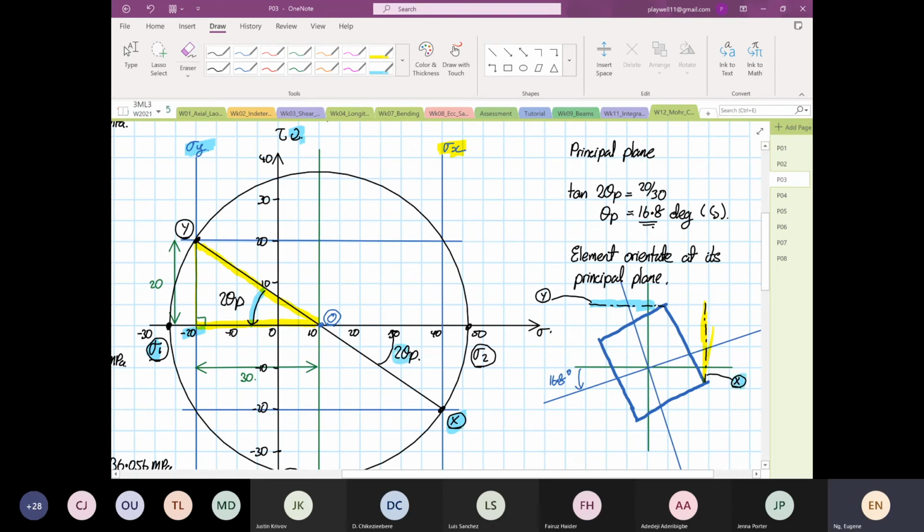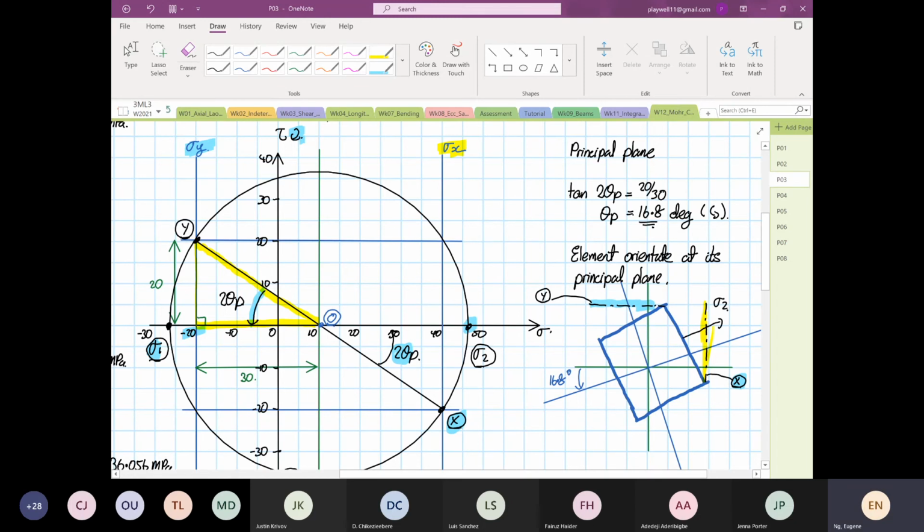If we rotate by 2 theta p, we reach theta 1, yes or no? We rotate the line by 2 theta p to make sure that shear stress is 0. That is our principal stress magnitude. So from x, when you rotate it, this will be your stress 2 value.